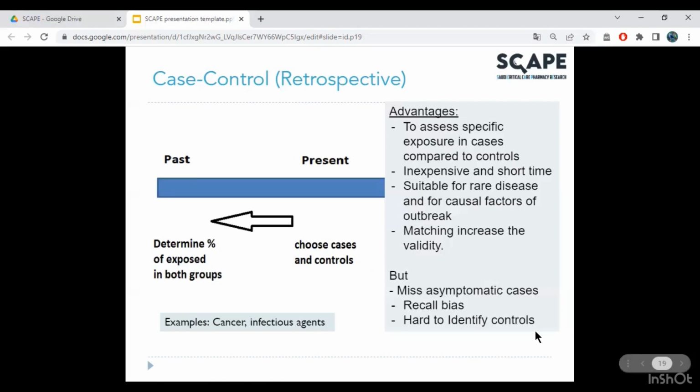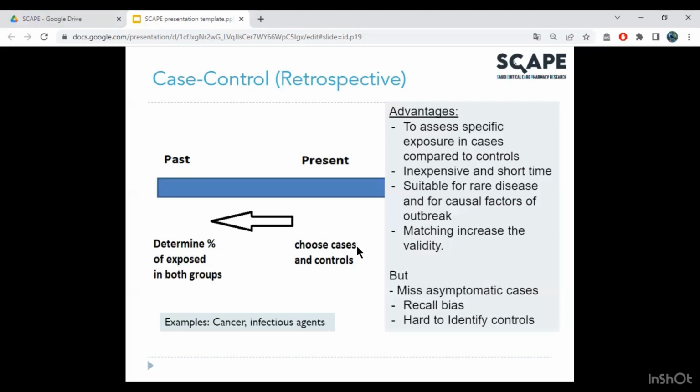Also, in case control, there is a difficulty in identifying the controls. For example, if I take cardiovascular disease patients as cases, then who will be my controls? Are they healthy people? They can be any individual who might have other chronic disease but not cardiovascular disease.